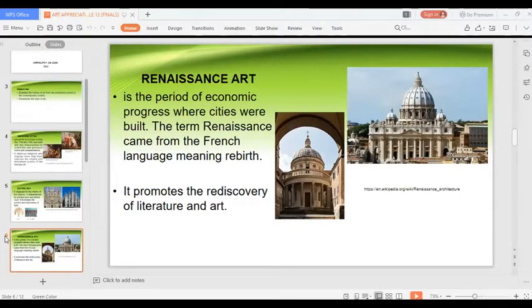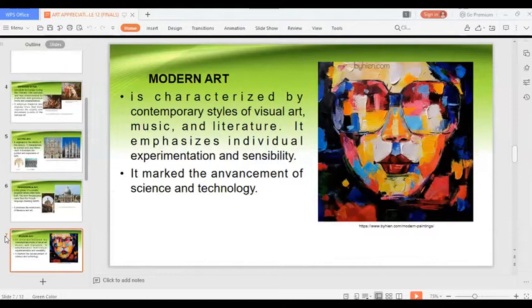So here, it gives more emphasis on symmetry and proportion and also geometric design, as well as the use of semicircular arches and domes. That's Renaissance art.